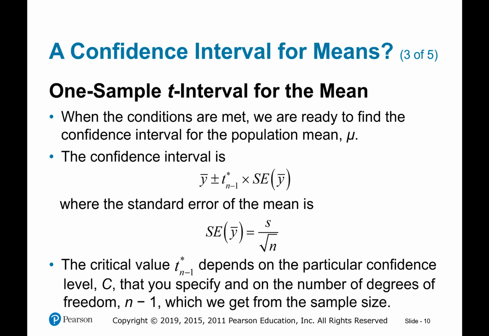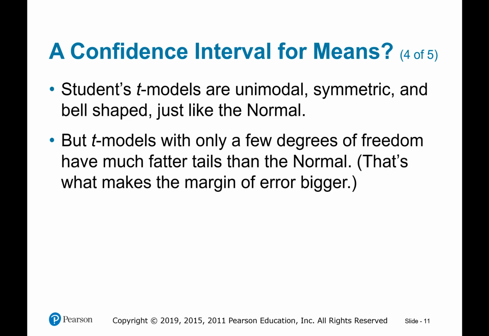All right, so let's talk about that T shape. The T curve looks an awful lot like the normal curve, but again, the numbers are slightly off. It's unimodal, it's symmetric, and it's bell-shaped.